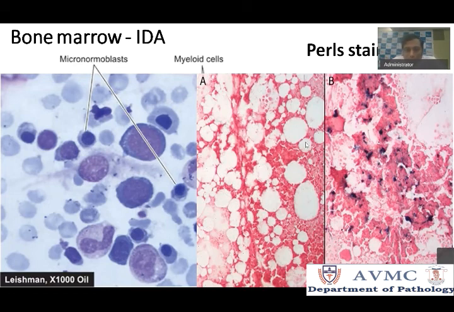In contrast, this is the marrow of this particular patient where you don't find any iron. You are not finding any blue-black pigment. So this is a typical marrow stained with Perls' Prussian blue stain, showing no iron in the marrow. Okay, so the gold standard test to say iron deficiency is doing a Perls stain in the marrow, right?